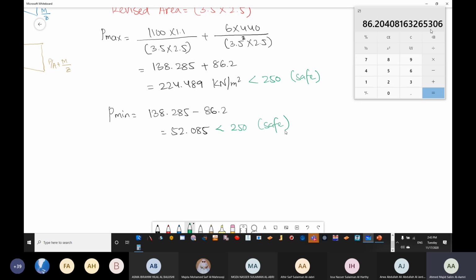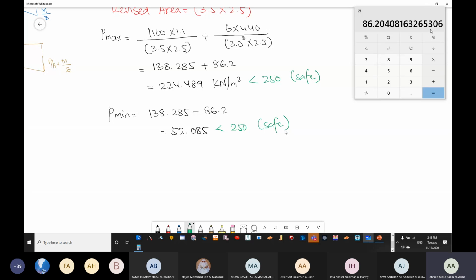Is it clear now why I have increased the area of the foundation? Is it clear why I have increased the size of the foundation? In the first scenario, it was failing. Then in the next scenario, we increased the area, so it takes into account the eccentricity value.